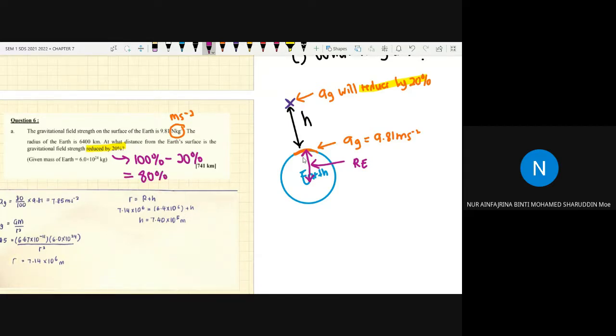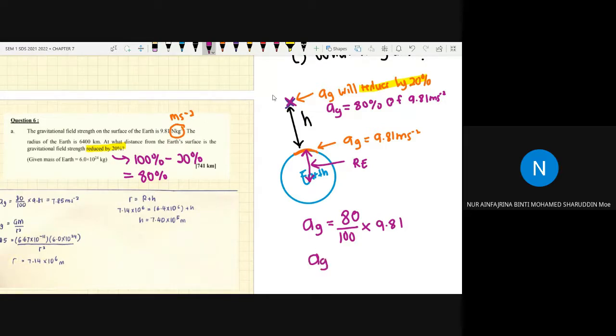So now sekarang maksud dia dekat point ini awak punya AG adalah 80% of 9.81 meter per second squared. Jadi macam mana kita nak cari? Kita ambil sahaja 80/100 darab dengan 9.81. Then you will get your AG.